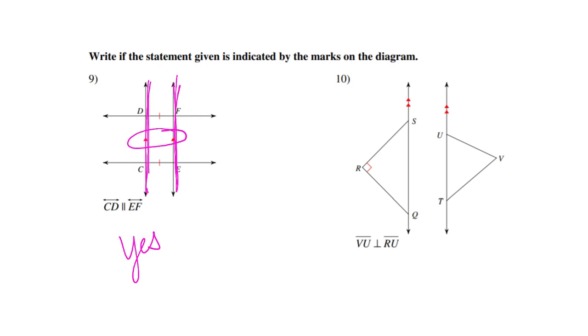So yes, that is indicated by the marks. All right, VU is perpendicular to RU. So VU, which is right here, is perpendicular to RU, which doesn't even exist. RU would be here. So they are not perpendicular. No, there's nothing that indicates that, nothing that shows it.